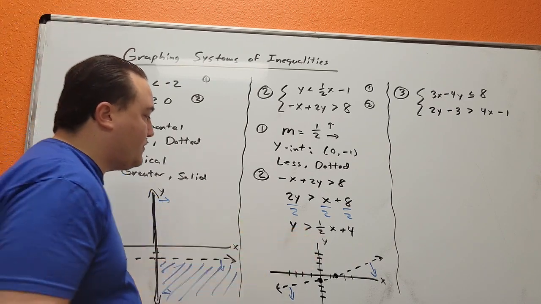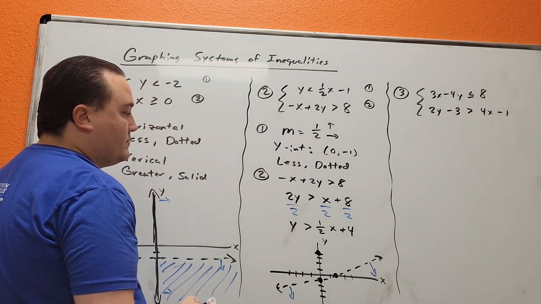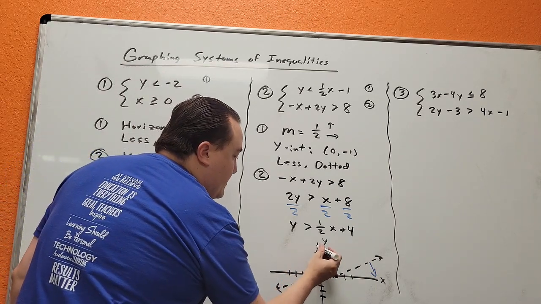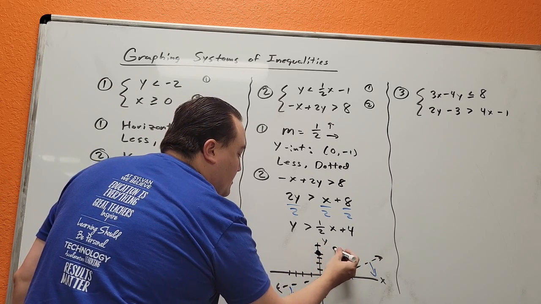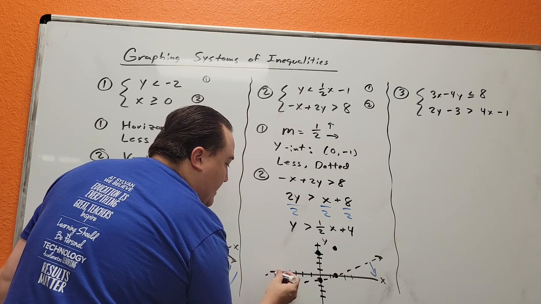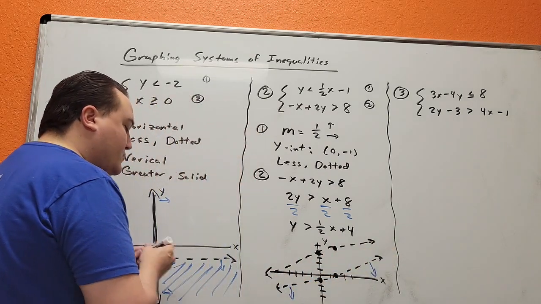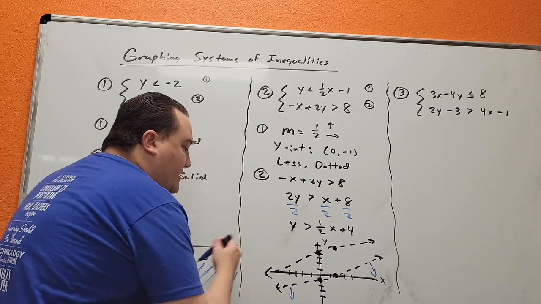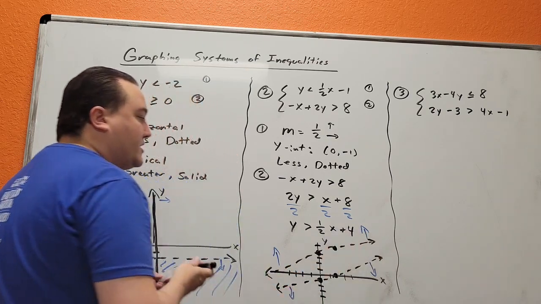Second line, we're going to start at 4. And it is the same slope, so it's going to be parallel to that one, up 1 over 2. Do your best you can to make that happen. Parallel lines. But we're shading above this one. So since the shading doesn't even intersect in either of these, we actually get no solution.